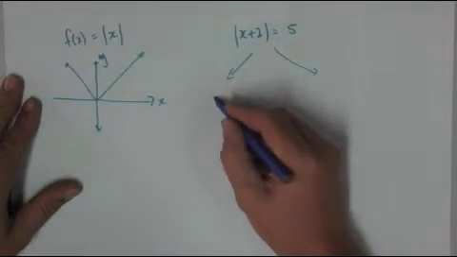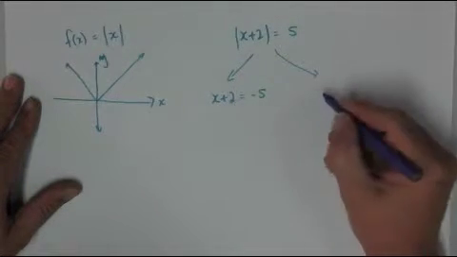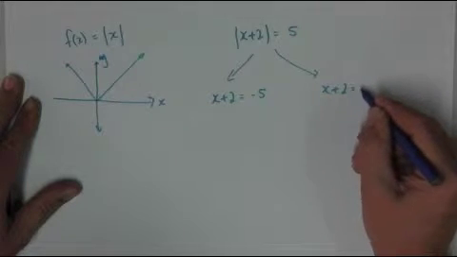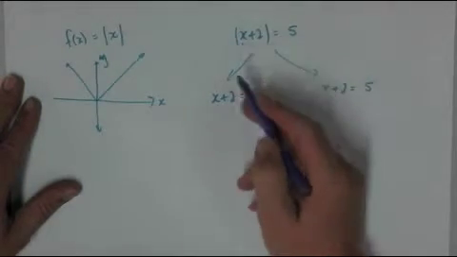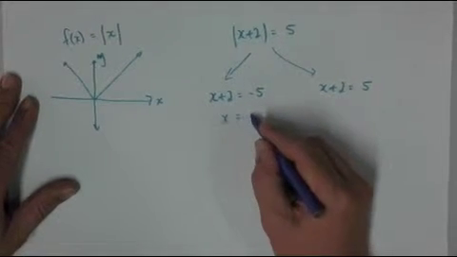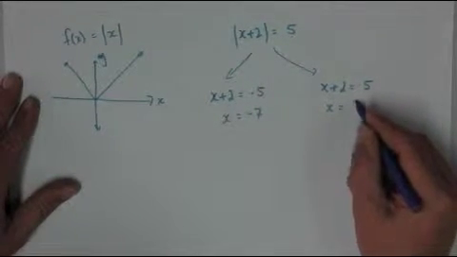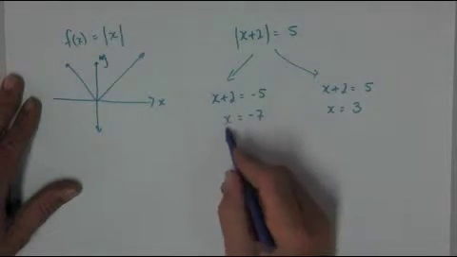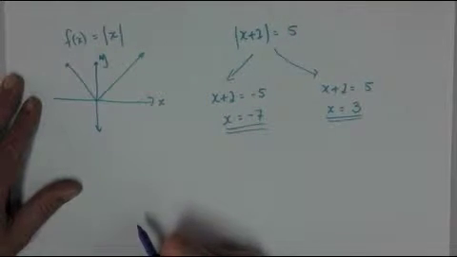So let's have a look at when x plus 2 is equal to negative 5, and when x plus 2 is equal to positive 5, because in both these situations, the absolute value sign would make it a positive answer. Rearranging, in this situation x is equal to negative 7, and in this situation, x is equal to 3. And these are the two answers for our equation.